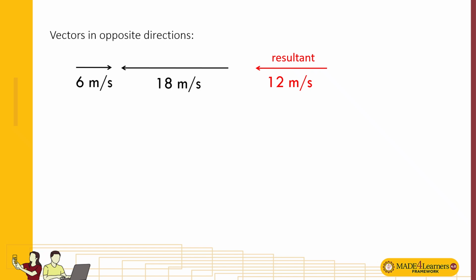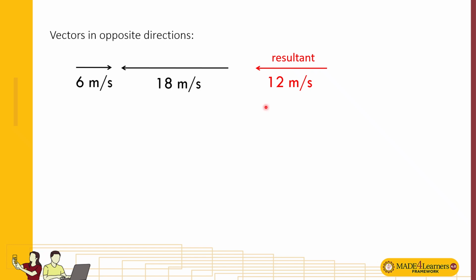So you can assign a positive value for 6 meters per second, and this would be negative 18 meters per second, so that you can easily get the summation algebraically. So 6 plus negative 18 is negative 12. So the negative sign tells us that the direction is to the left and the magnitude is 12 meters per second.